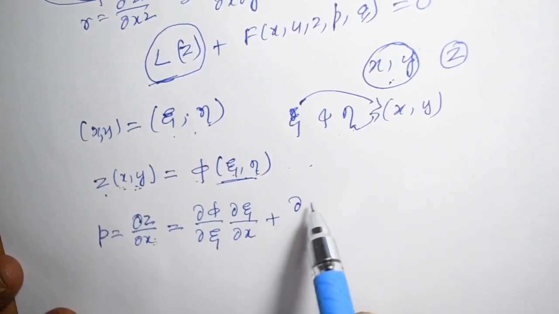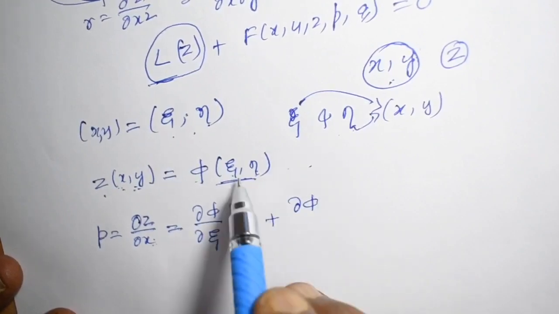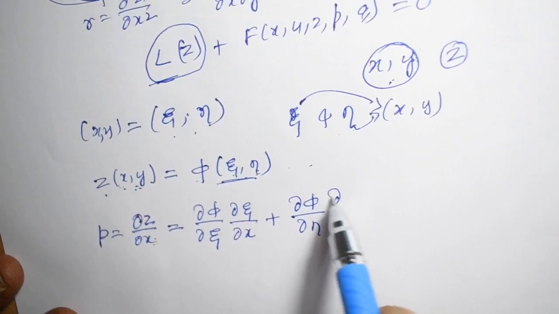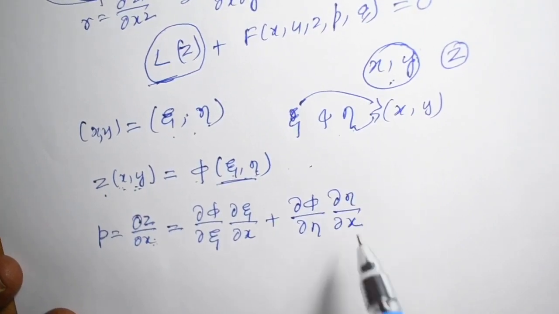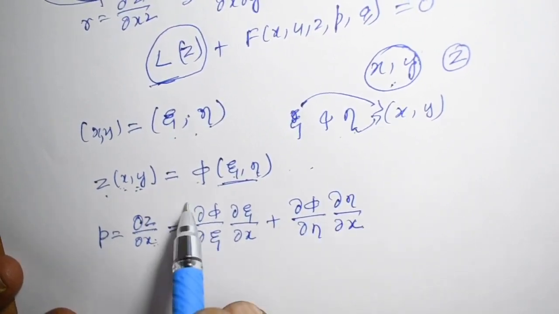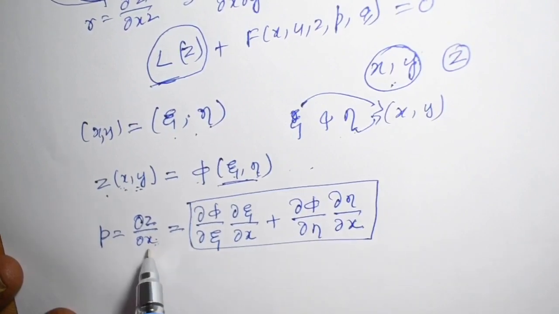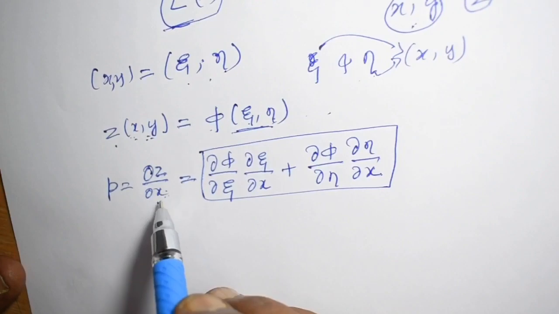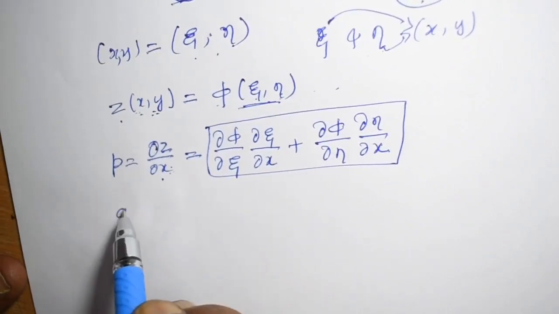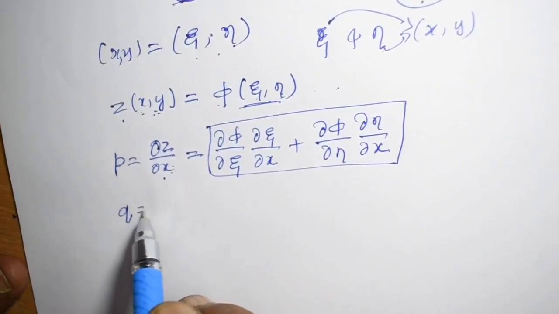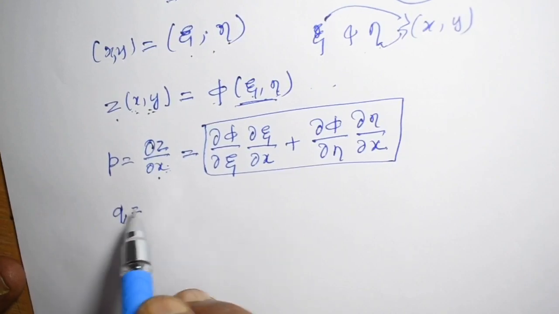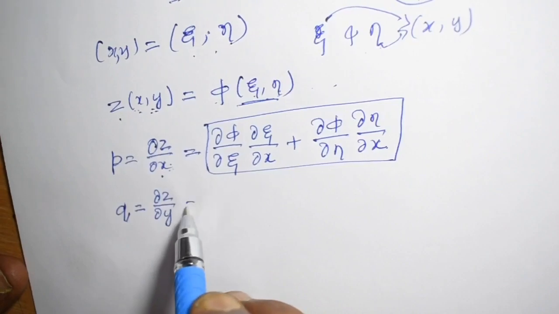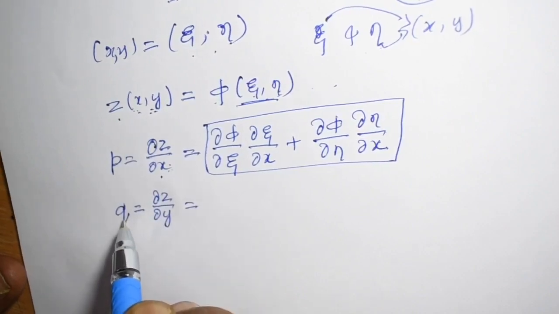Plus, similarly phi is a function of eta. That's why it becomes del phi by del eta, again eta is a function of x. So this is the first order derivative. Similarly, in the same manner, you can find the first order derivative del z by del y, that is nothing but your q.